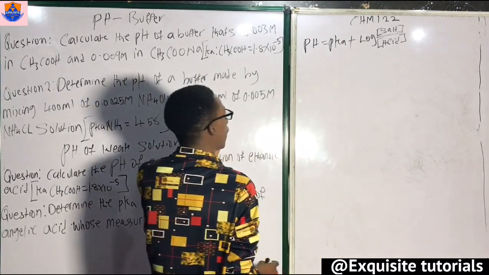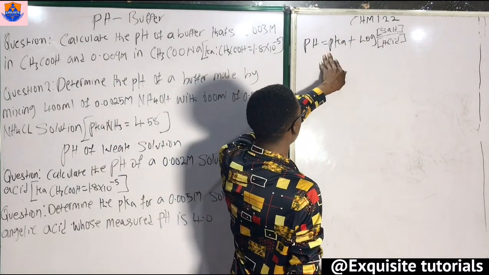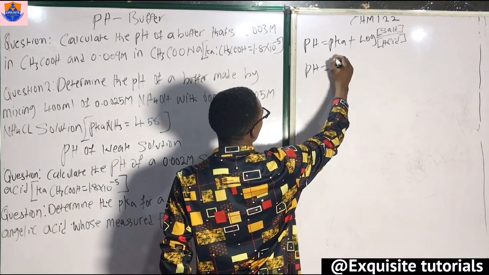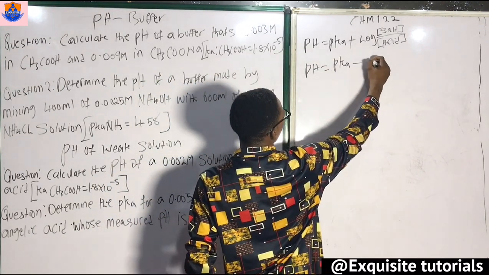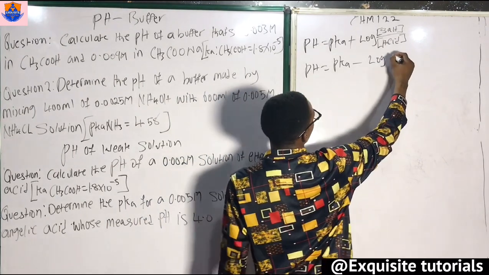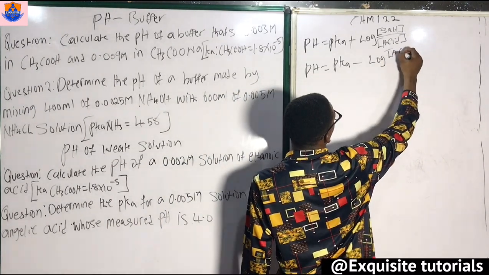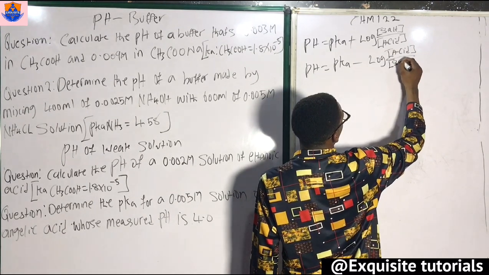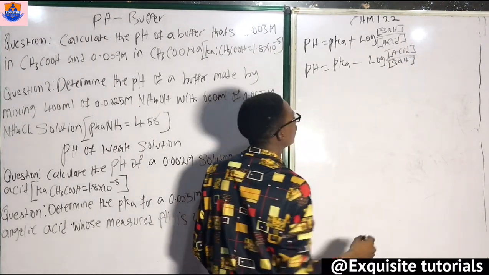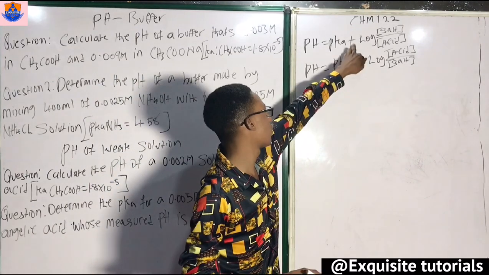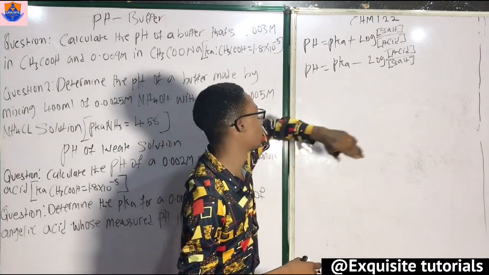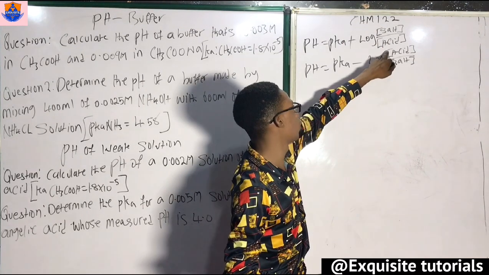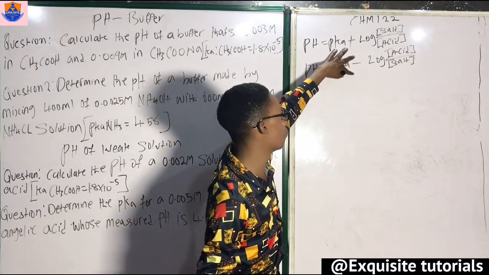Either you write it in this form, or you write it as pH is equal to pKa plus log. Now what is the difference here? We have minus here, we have plus here. What makes it different? Concentration of salt or concentration of acid. Yes, that's what brought the change.